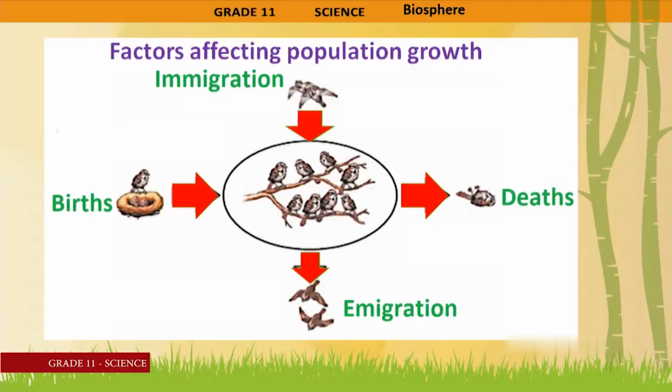You can see the number of births affects the population growth, that is very obvious, and immigration, because there can be instances where organisms come to a particular population from another area due to various reasons, maybe due to climate change, maybe due to changes in the seasons, maybe due to some predation.